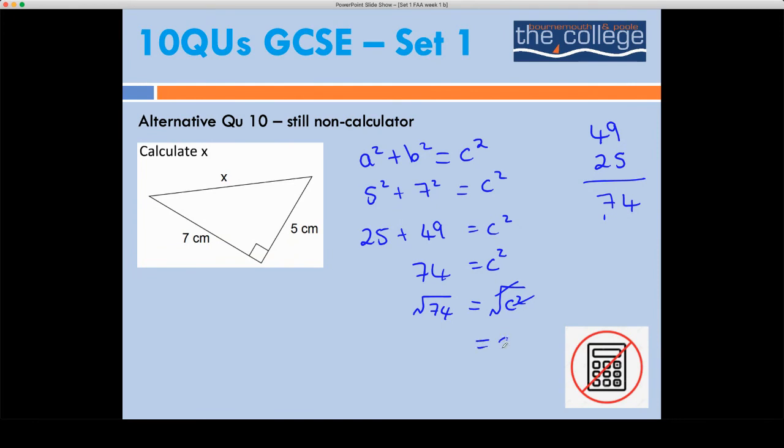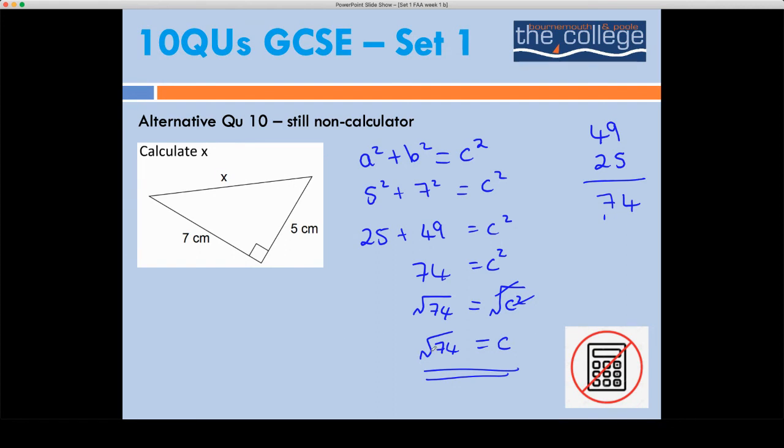So we're left with c being the square root of 74. Now, that is where, with a non-calculator paper, you can leave it. That is an absolutely accurate answer. If you did it on a calculator, you'd have a decimal that goes on, and it wouldn't be as accurate. This root 74 is the most accurate measurement you can get.